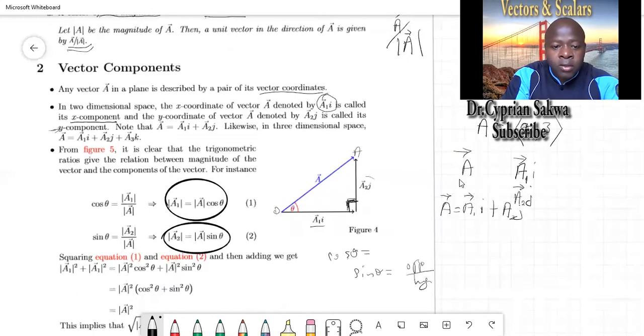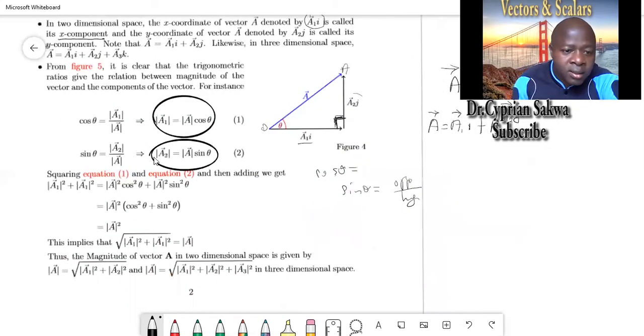When we square those two equations and add the two results, on the left side I have the magnitude of the x component squared plus the magnitude of the y component squared. And on the right, I would have the magnitude of A squared cos squared theta plus the magnitude squared sin squared theta.